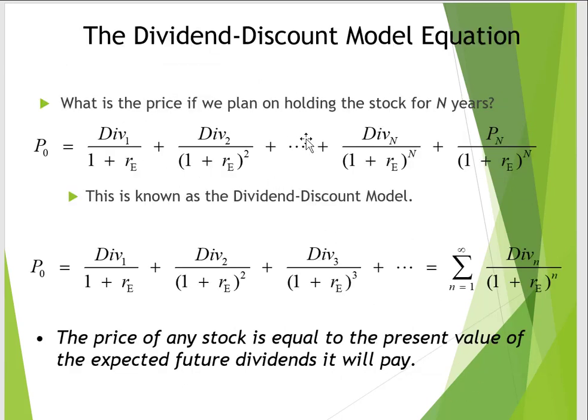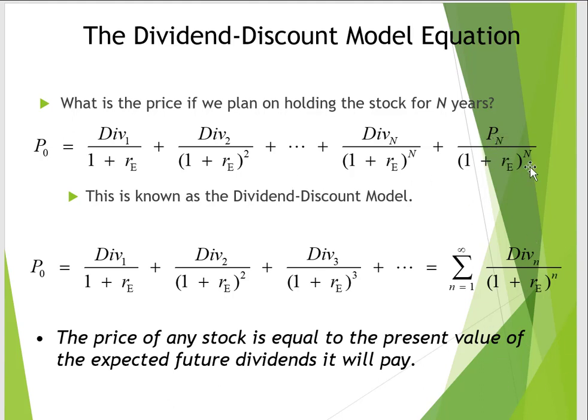So if you want to hold on to this stock for N years, how do you find out its present value? The price of any stock is equal to the present value of its future cash flows.